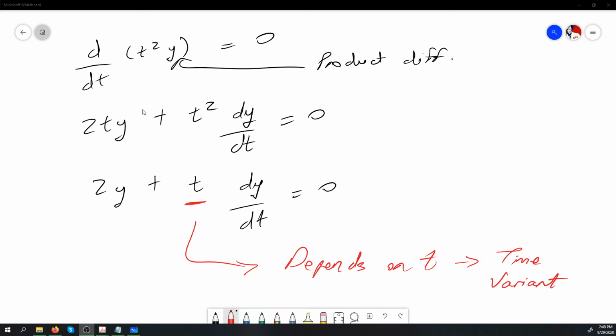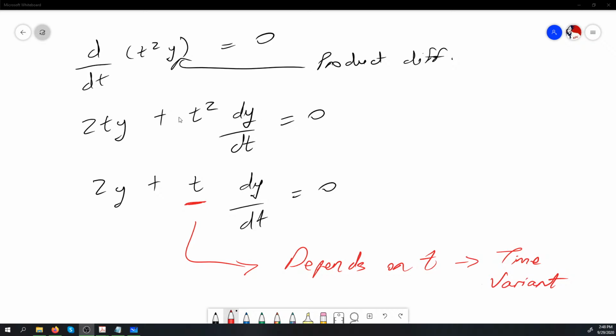Just to recap, this being d dt of t squared y, this is a product differential. So we need to differentiate the first term, which is going to be 2t multiplied by the y term, and then we keep the t squared constant and differentiate the second term to get dy dt, equal to 0.